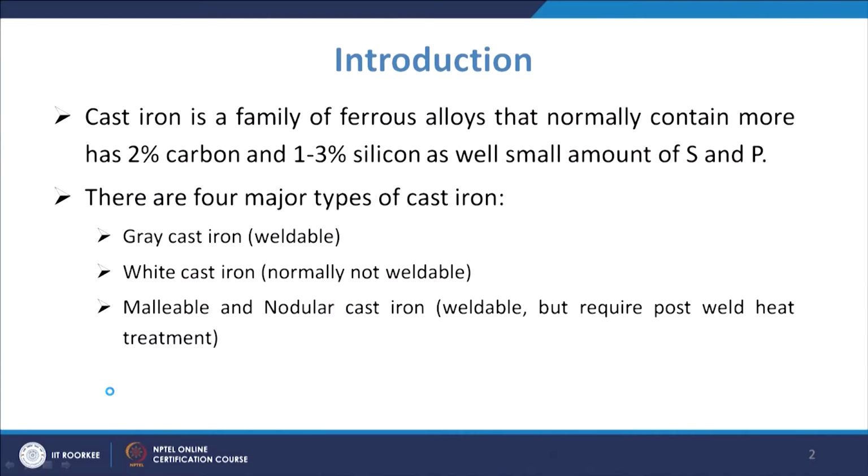If you talk about the varieties of cast iron, basically you have 4 types. You have the gray cast iron, which is usually weldable, and we will talk about its traits later. Then you have white cast iron, which is normally considered to have very poor weldability.